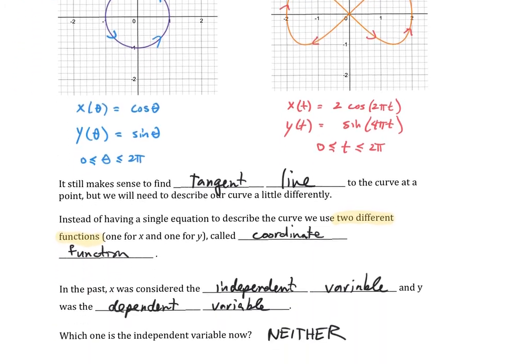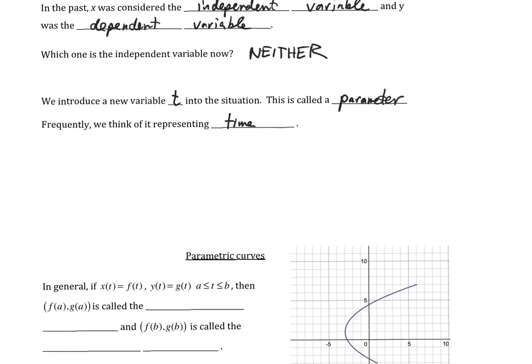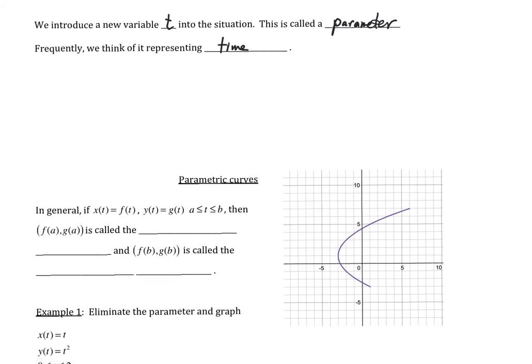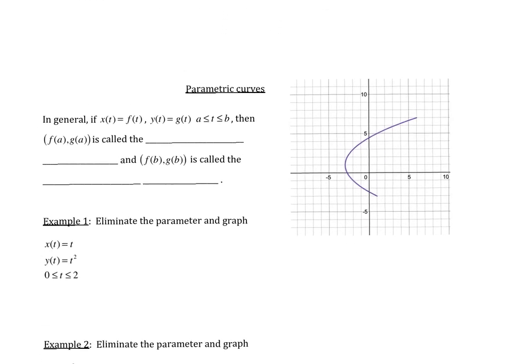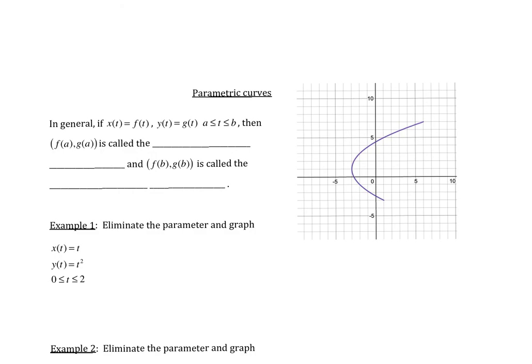Let us take a look at that graph at the bottom over here. When we look at this curve, it does not have the same starting point and ending point. So I created this curve in Desmos, and I can tell you what the parametric equations are.